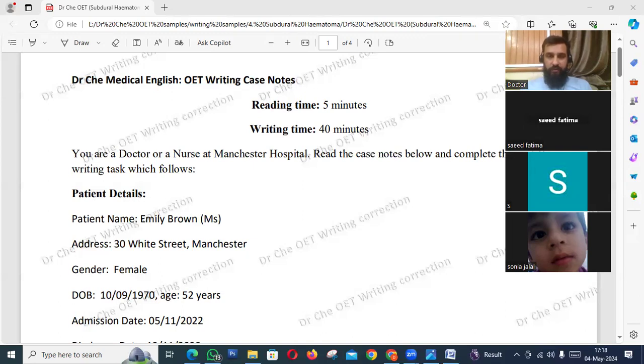What else? We check all the details and which type of letter it is: transfer letter, referral letter, discharge letter. Then we lay out according to the situation. Yeah, that is good. What else can we do in these 5 minutes? Scanning, yes, you can do scanning. What else?